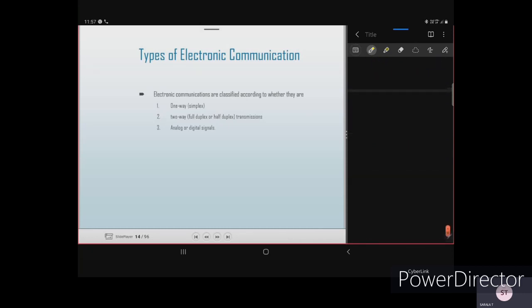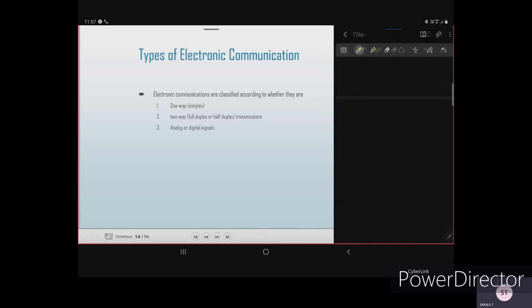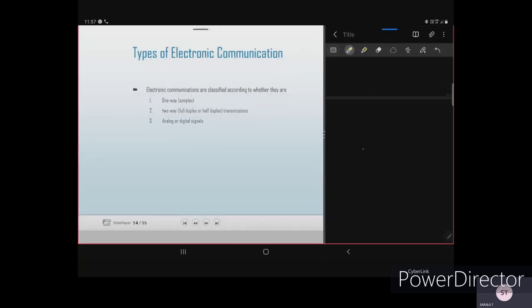If we are going for two-way communication, that is duplex. Half duplex and full duplex are the two types. In half duplex, you have a transmitter and a receiver. Whenever data is transmitted from the transmitter to the receiver, the receiver only does the receiving operation.